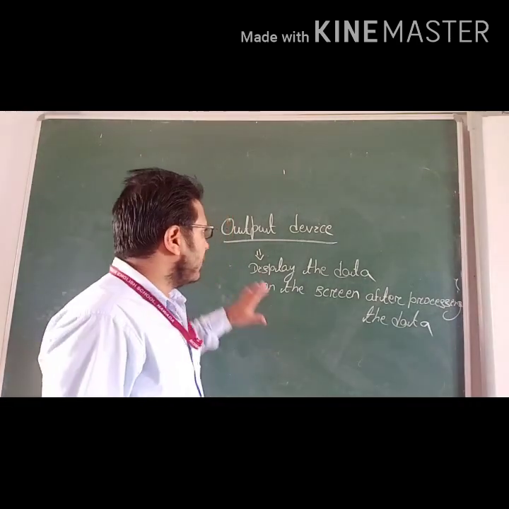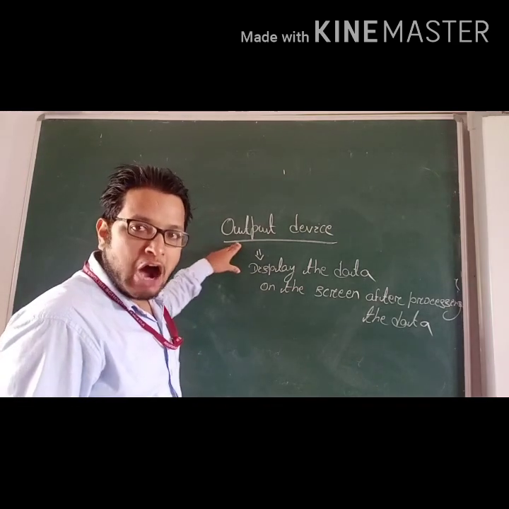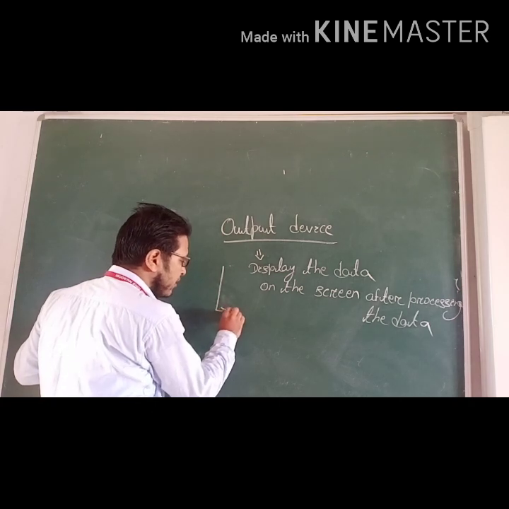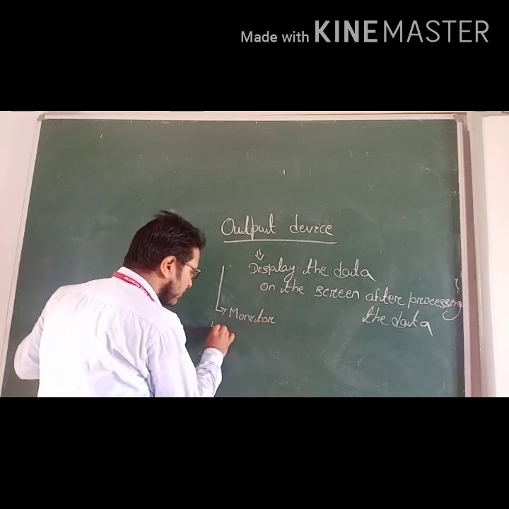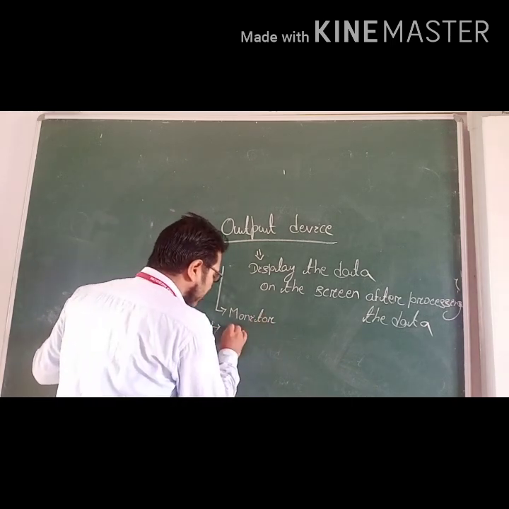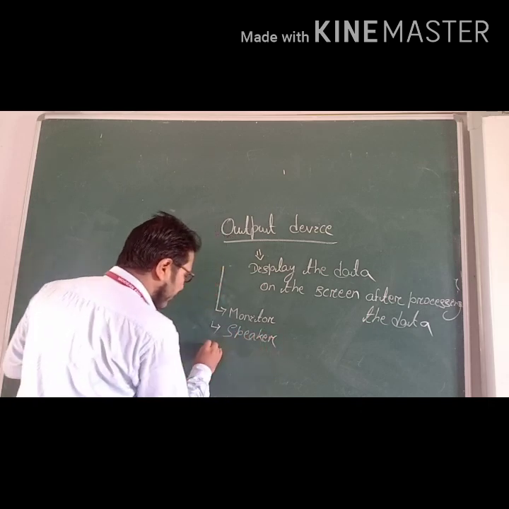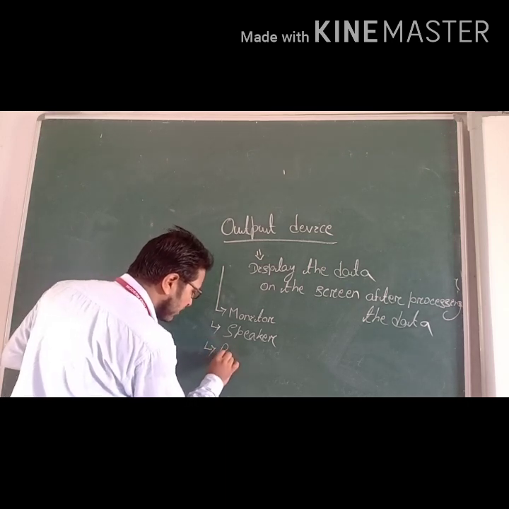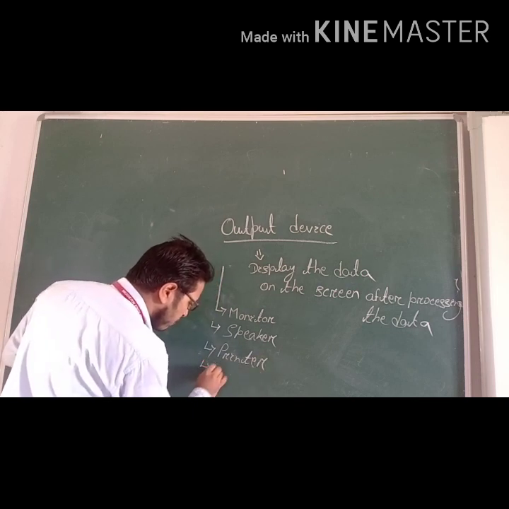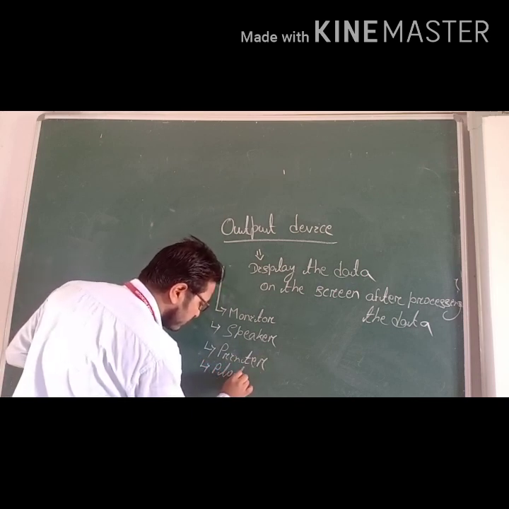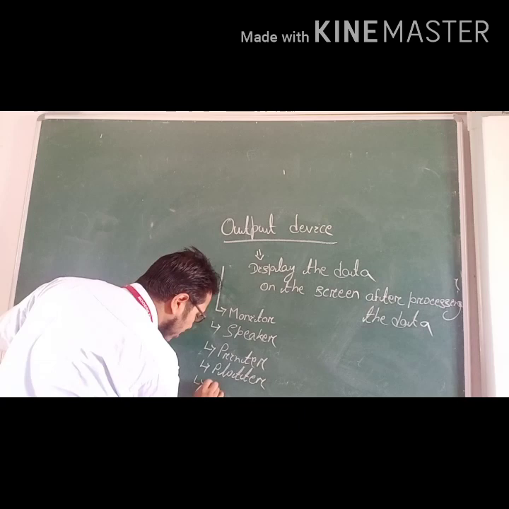Okay students, some examples of output devices, which you know very well: one is the monitor, the second is the speaker, the third is the printer, then the plotter, and then the earphone.